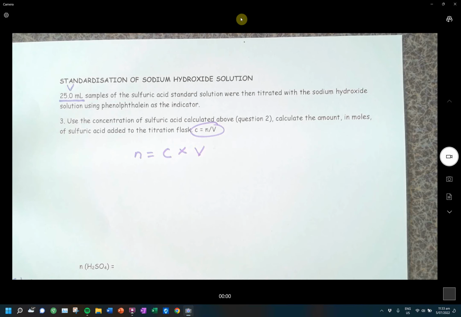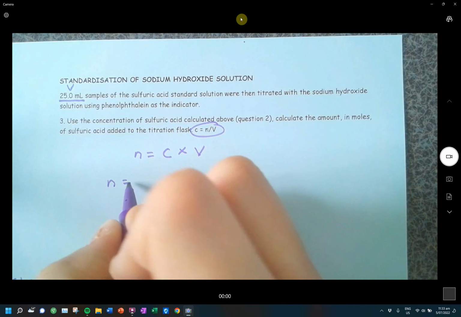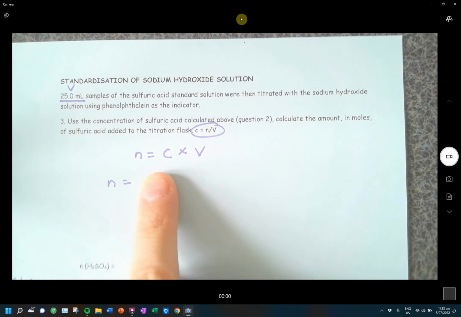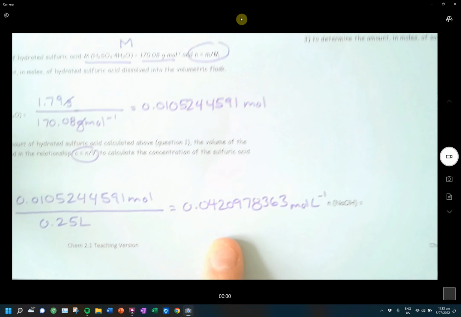We good? Start plugging in some numbers. All right, so n equals, and once again, everything follows the sequence. So most commonly, the number that you just figured out in the last step, you're going to be using in this new step. So I want the concentration. I get that concentration from what I've just calculated before in number 2.